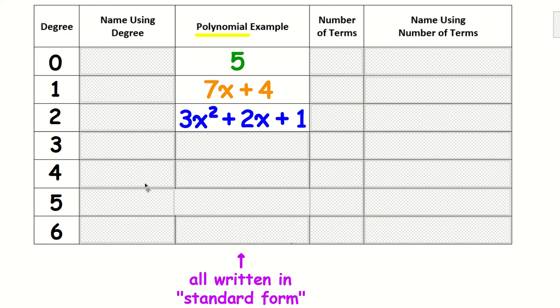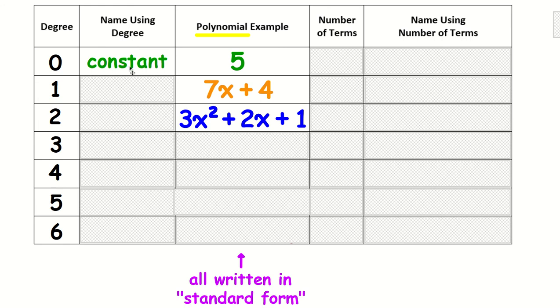But anyway, whole bunch of stuff here. You might end up having to pause the video at some point if I move on to the next page too fast. But here we go. We're going to have some new vocabulary words here, so check it out. The overall degree of this polynomial is 0. So we can use the adjective or the label of constant.